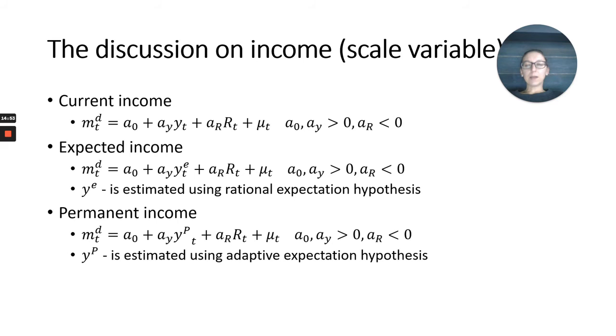Though expected income or permanent income could give us better understanding on the demand for money, as people are looking a bit more and considering a bit more than only our earnings of today. And that's why the discussion on the expected income and permanent income could be much more advantageous and could give us way more accurate results.